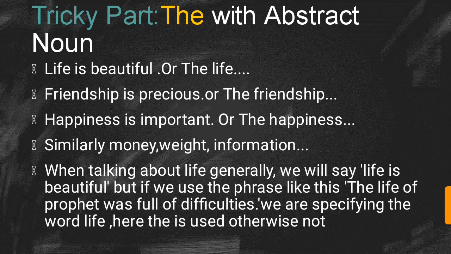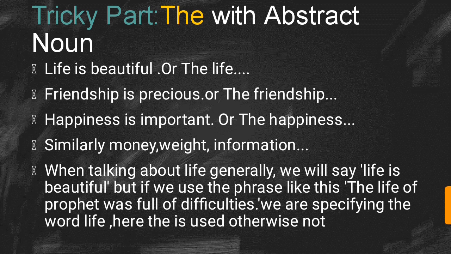Because when we say this line, life is beautiful, I want to talk about life in a general sense. But if I say the life of a mother is beautiful, I am specifically talking about only the lives of mothers. The same rule goes with the other examples.